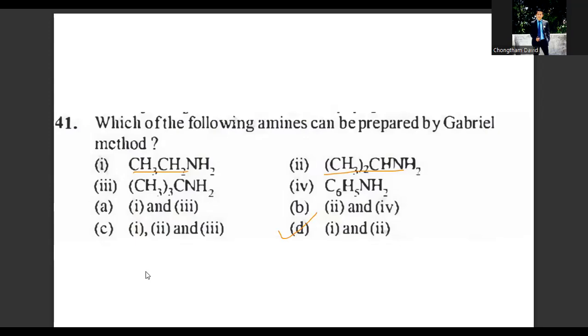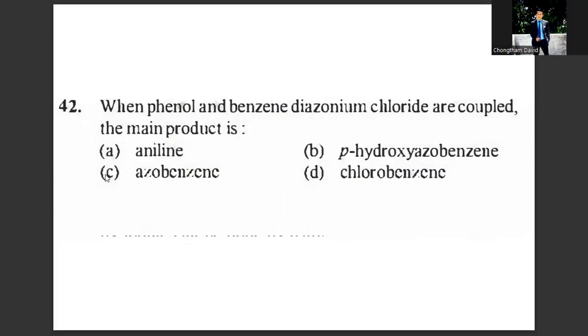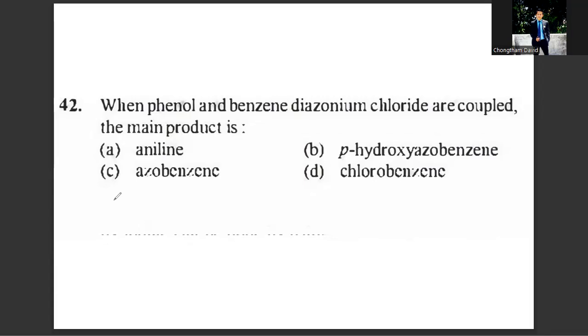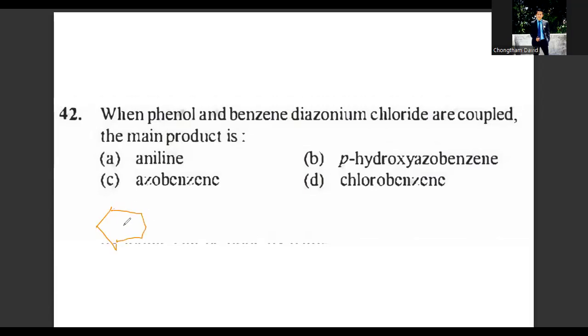Question number 42. When phenol and benzene diazonium chloride are coupled, the main product will be? The coupling reaction gives colorful compounds. So when benzene diazonium chloride is treated with phenol, I will write the formula here.